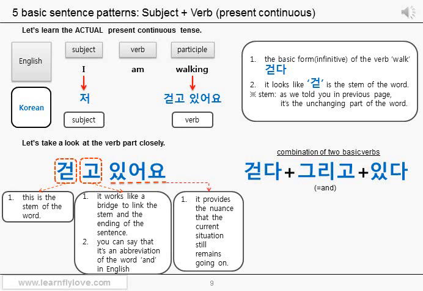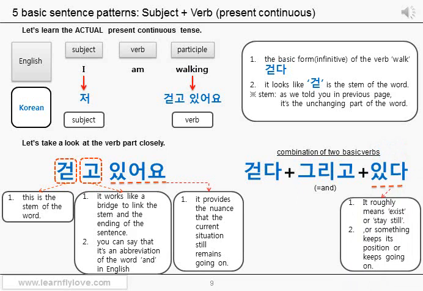We can say that it consists of the basic form of the verb walk, 걷다, and another verb, 있다, which roughly means exist, or stay still, or something keeps its position, or keeps going on. As we've just explained, this verb 있다 provides the nuance that the current situation still remains going on.